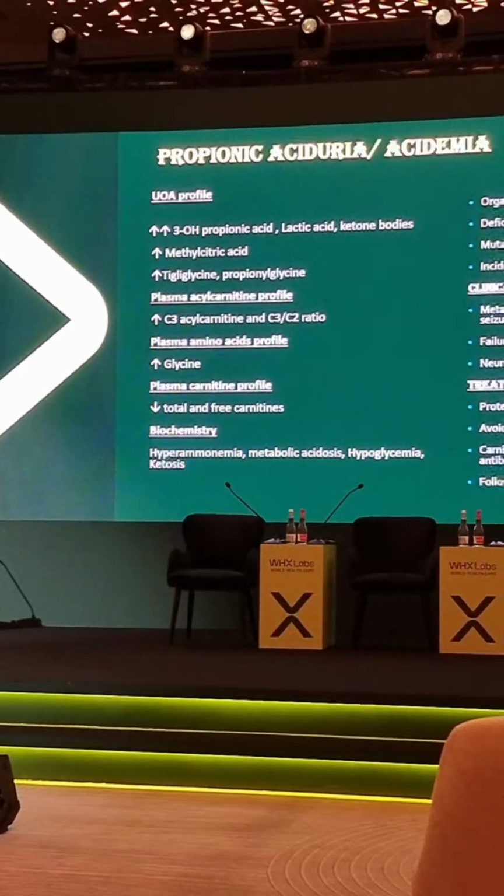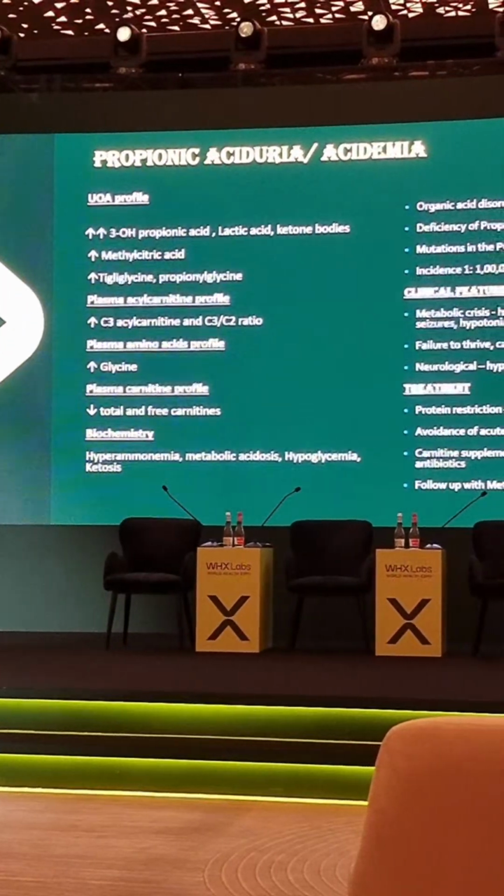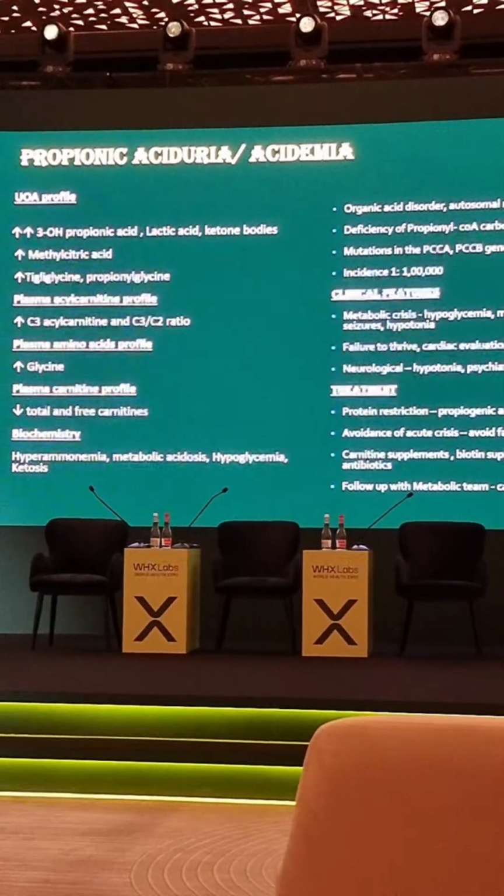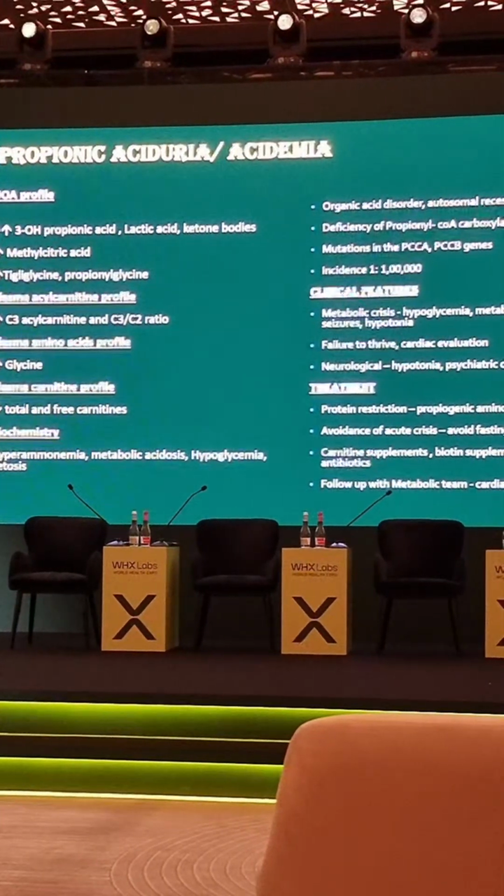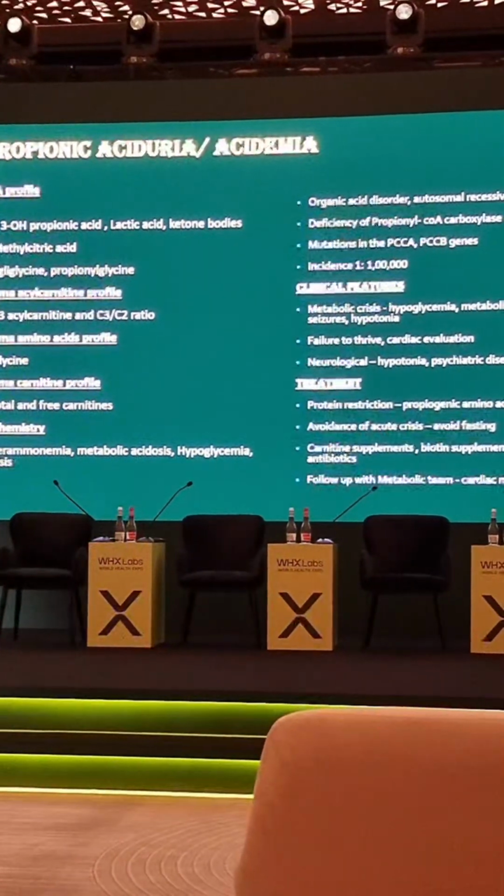The distinction is, propionic acidemia and methylmalonic acidemia, clinically the presentation is very similar. They can have metabolic crisis. And biochemically, if you do general biochemistry, both conditions have hypoglycemia, hyperammonemia, metabolic acidosis, and ketosis.